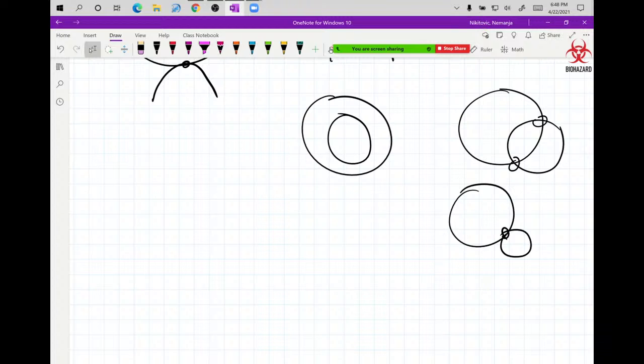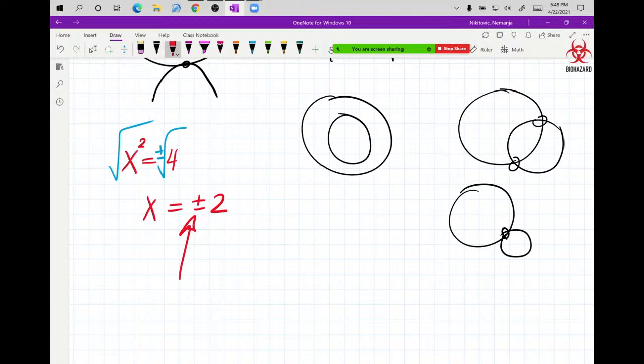So if you are solving an equation, and yes, I am writing this in red, I know, because such is life, x squared equals 4, and you square root both sides, there is the plus minus in front, so your solution is x equals plus minus 2. See, the plus minus here actually doubles the number of solutions you get. So make sure that you have this plus minus every time you square root both sides.